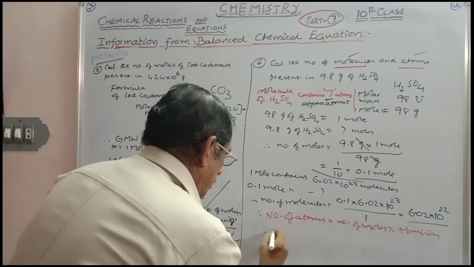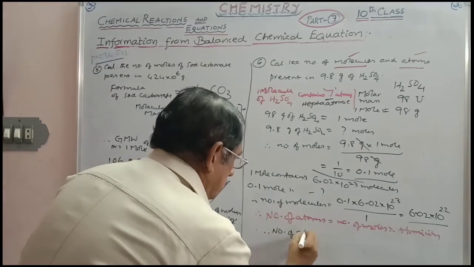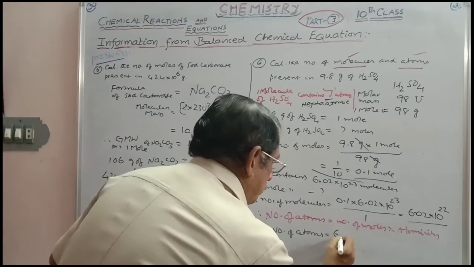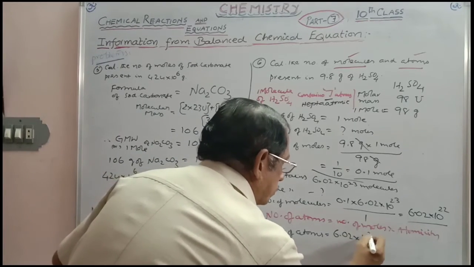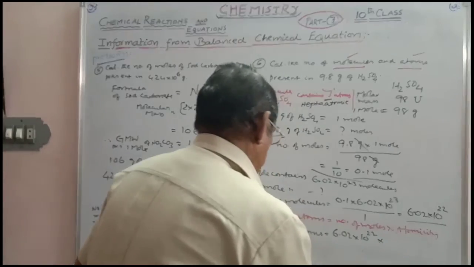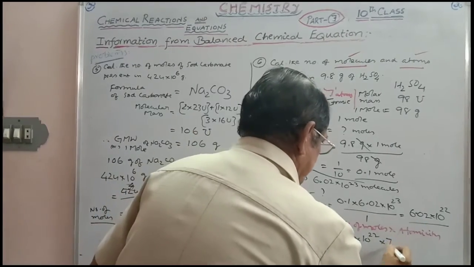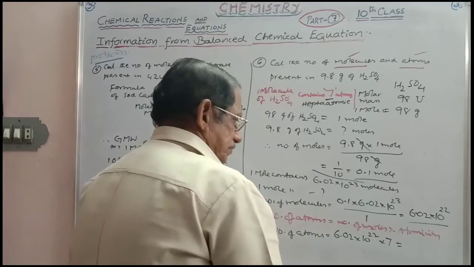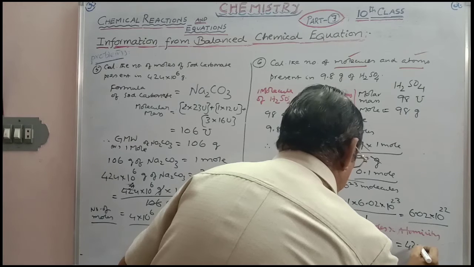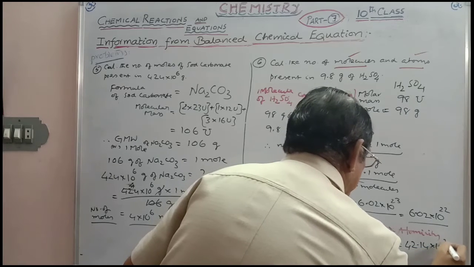Therefore, number of atoms is equal to number of moles, 6.02 into 10 to the power 22, into heptaatomic, atomicity 7. See, if we multiply, this is equal to 42.14 into 10 to the power 22.